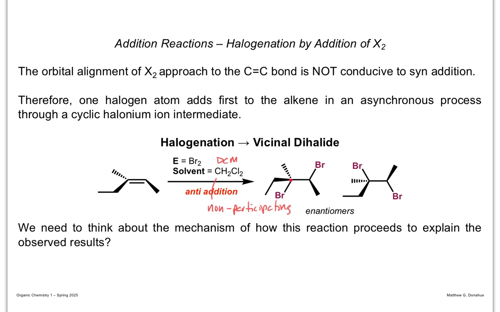So the fact that they're on opposite faces shows the anti-addition. And then it says it's forming enantiomers. So you get these mirror images where now the carbon on top in this one's bonded to carbon 2, but over here it's bonded to carbon 3.